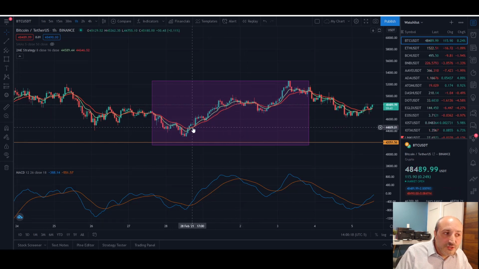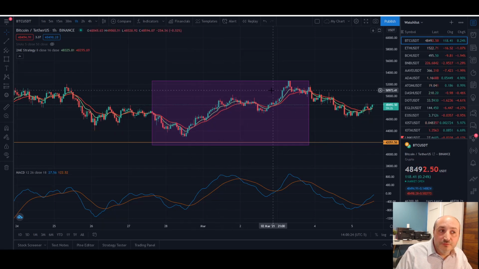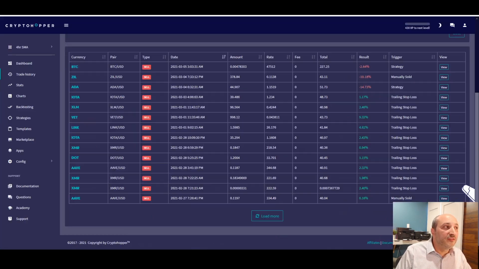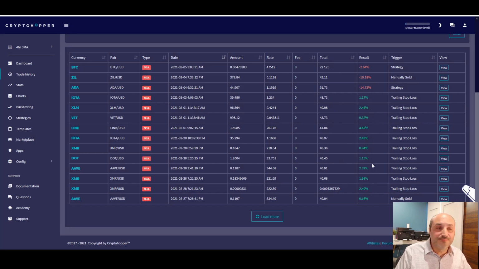Anywhere there that you took your profit, maybe your trailing stop loss kicked in somewhere around here, but a lot of those coins had a very good trend. That is probably why we had very high profit in this area. But all my trades were positive, so it did work pretty good.